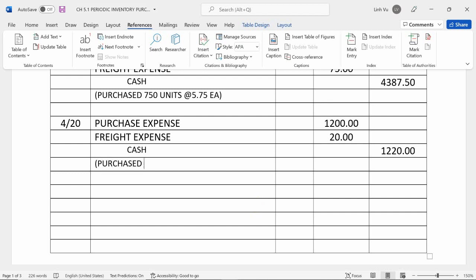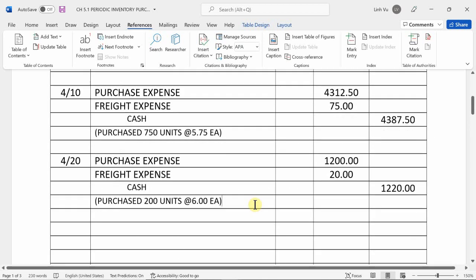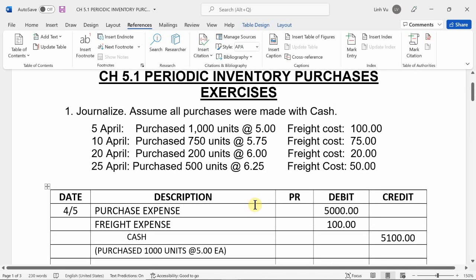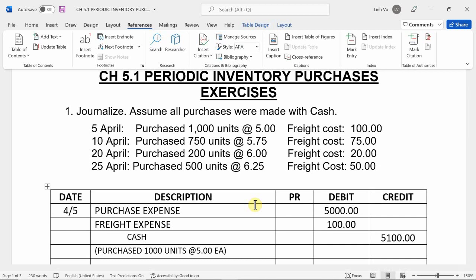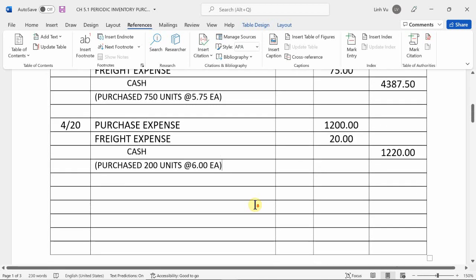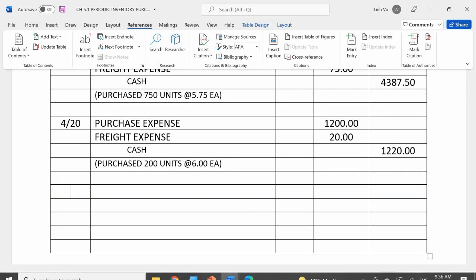Practice making your note here: purchased 200 units at $6 each. The last journal entry is April 25th. We purchased 500 units at $6.25 each, freight costing $50.